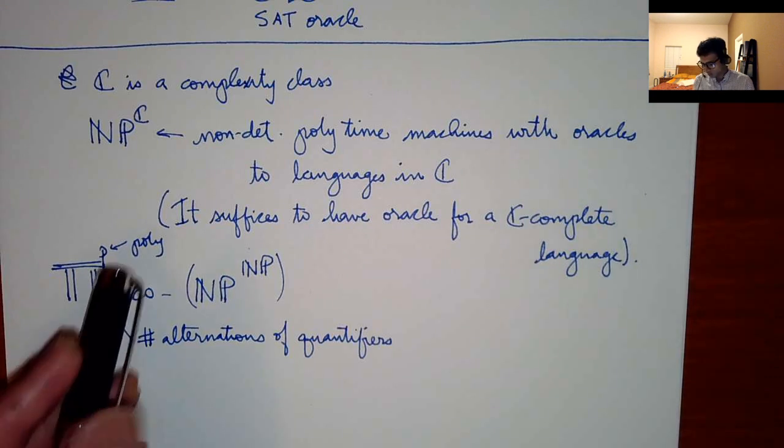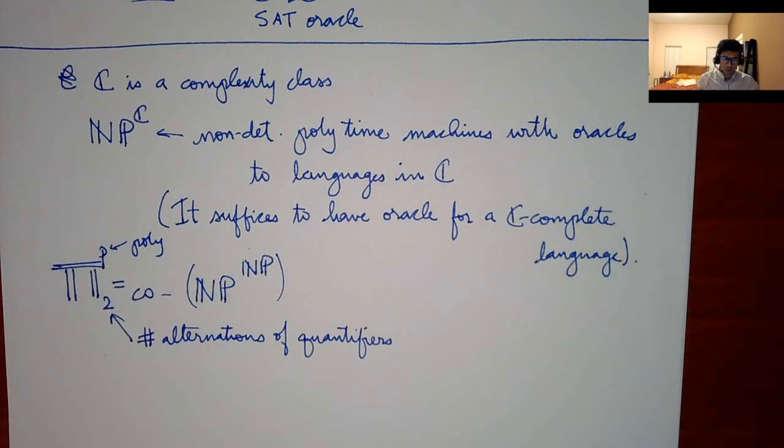You mean you could also define it as co-NP sort of to the power NP? Yeah, effectively that would be the same, because there's no such thing as a co-NP machine. It's really just an NP machine that's flipped. So it's better to think of NP to the NP, and then you put the co after that. Co is like complementing a class.